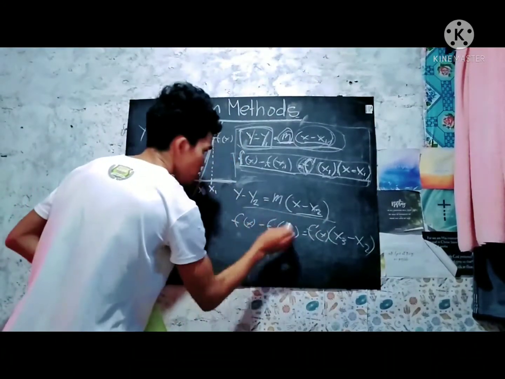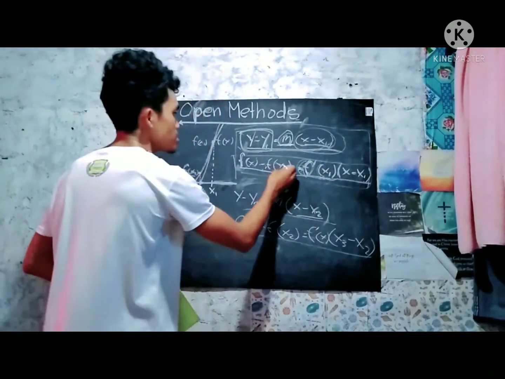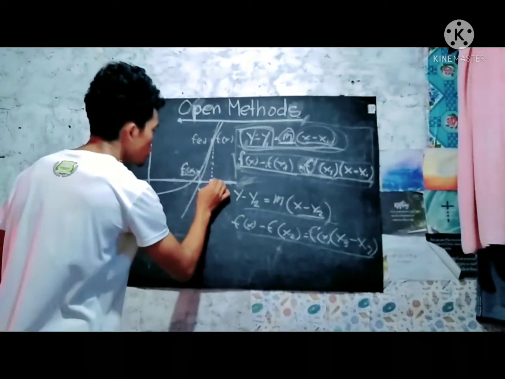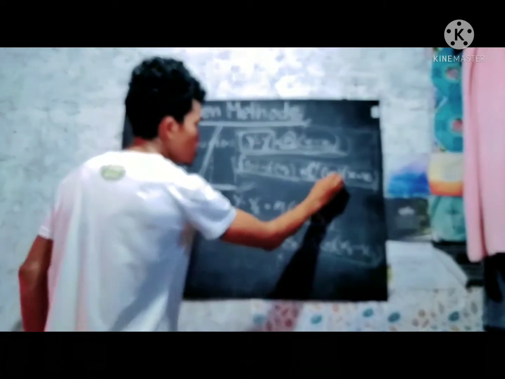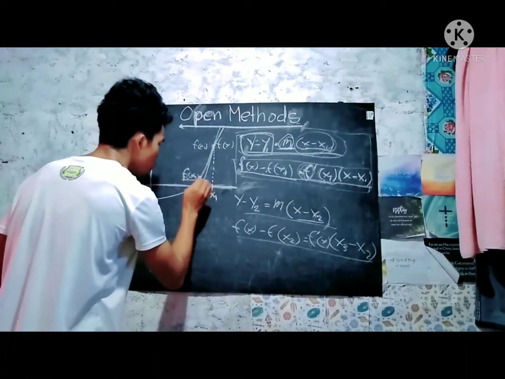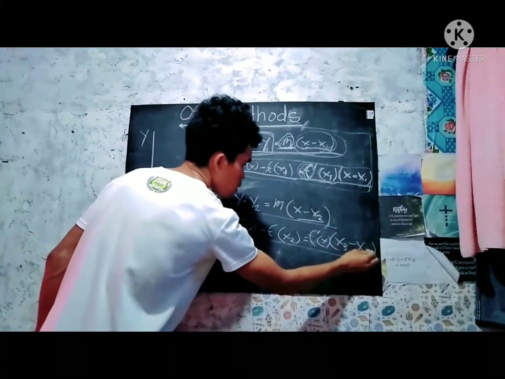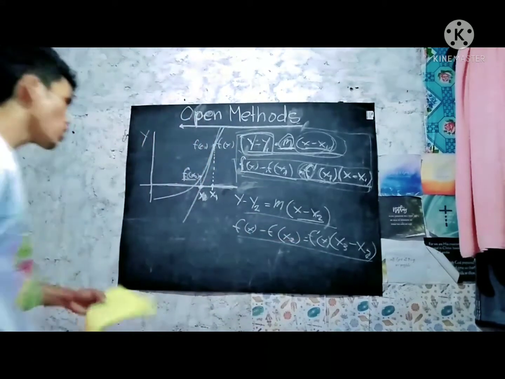This equation is the same as before, but the only change is the point. For example, that point was point 1, x1, and so we used x1. If we find this x2, we're gonna use x2 over here and here. Okay guys, I hope you got it.